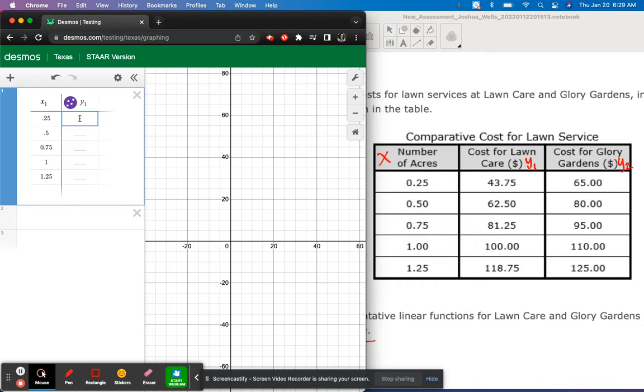And we're going to calculate lawn care first. So the prices here, we have $43.75, $62.50, $81.25, $100, and then $118.75.